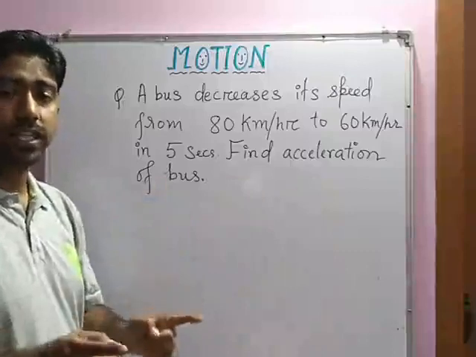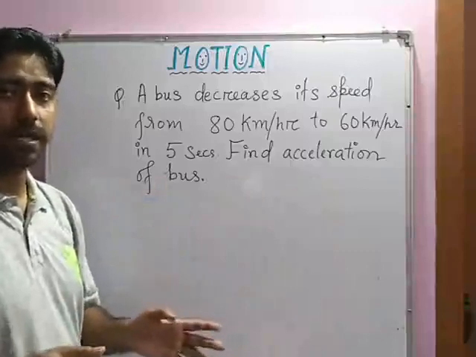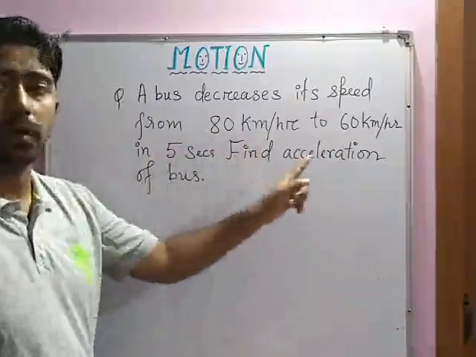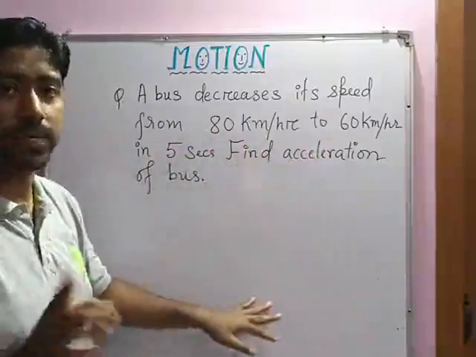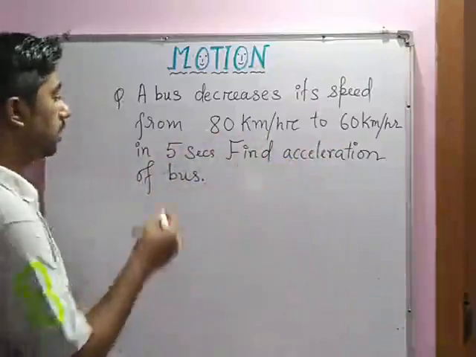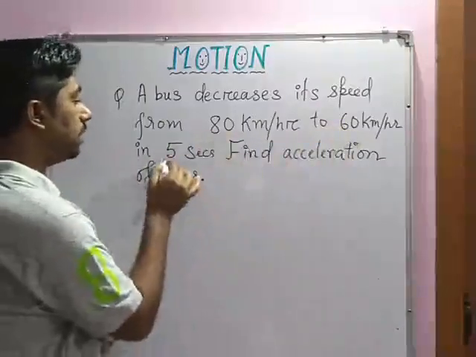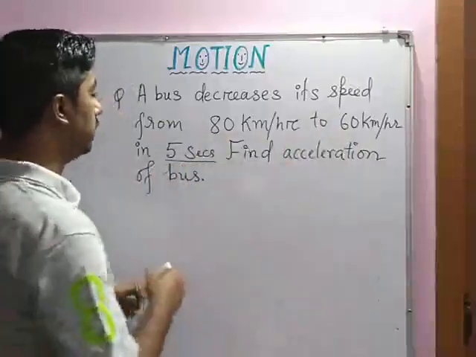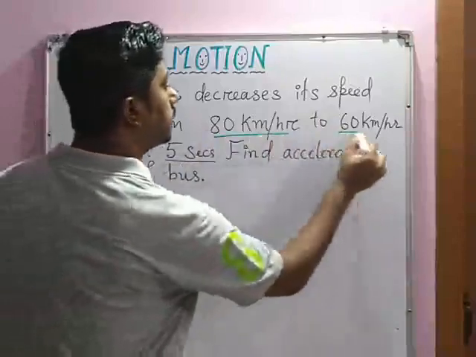So the moving object here is a bus. And what is happening? The bus is decreasing its speed from 80 km per hour to 60 km per hour, and this change is taking place in 5 seconds. And you are asked to find the acceleration of the bus.